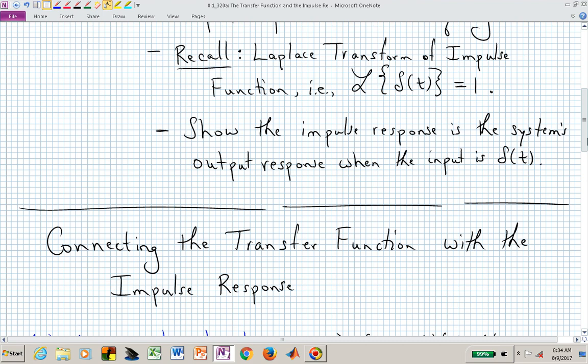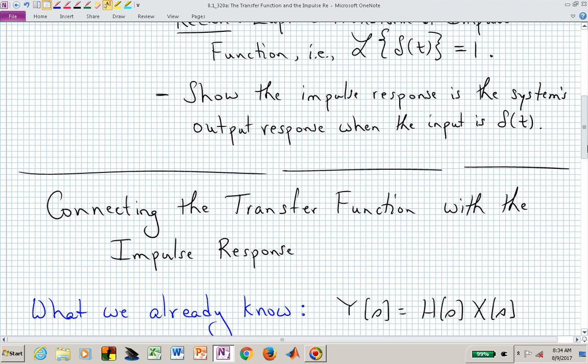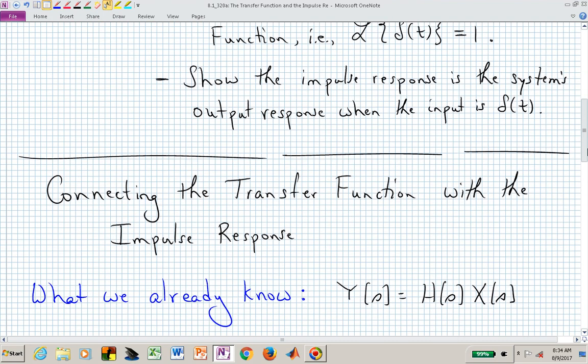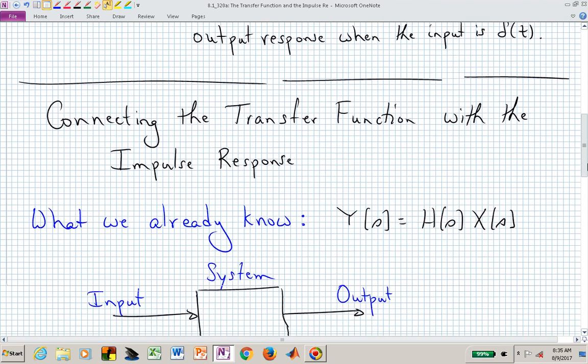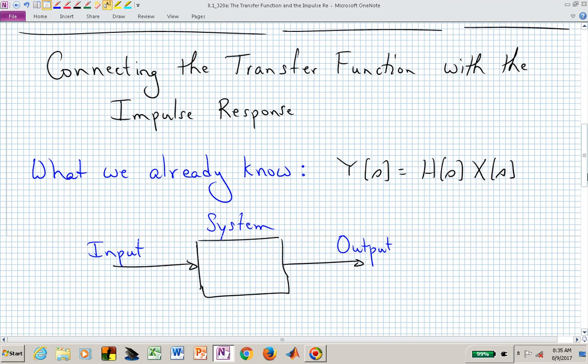Let's now try to make that connection between the transfer function and the impulse response, and let's begin with what we already know. We already know how to connect inputs and outputs through a system, and you should be very comfortable finding a transfer function, which typically we will call capital H of s, for that system.